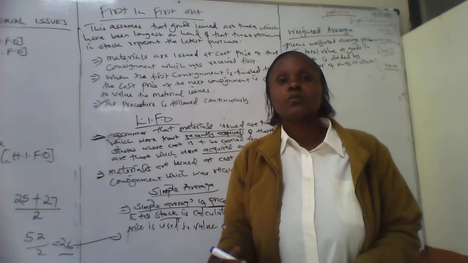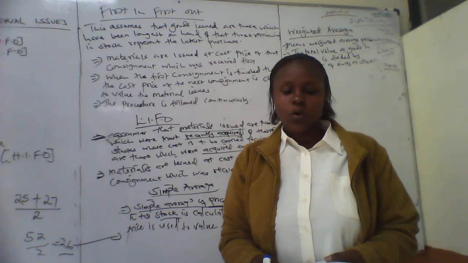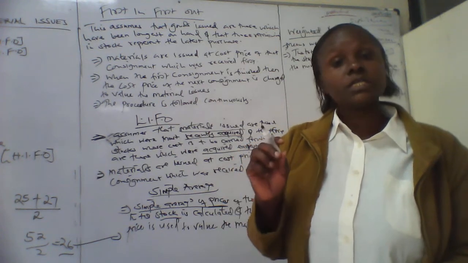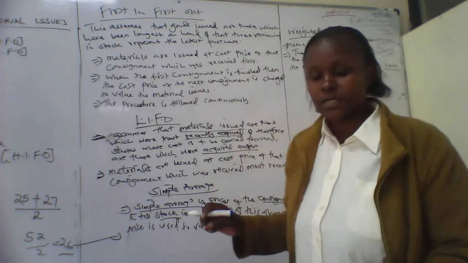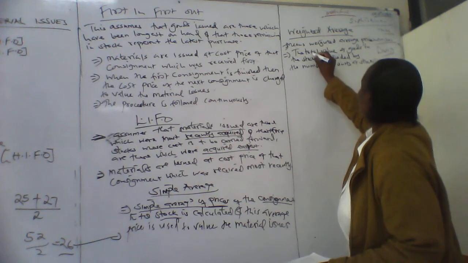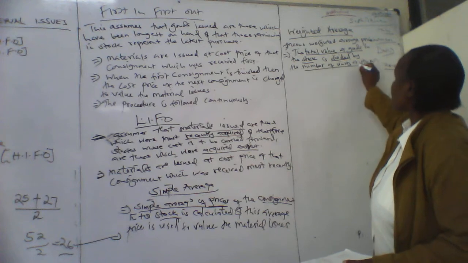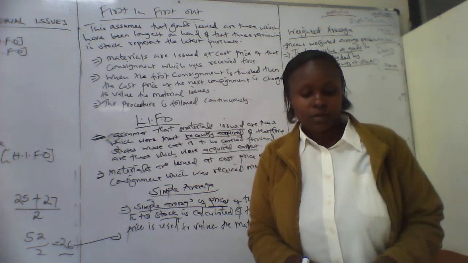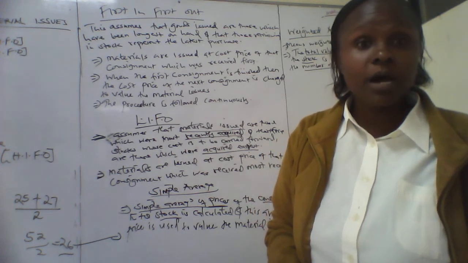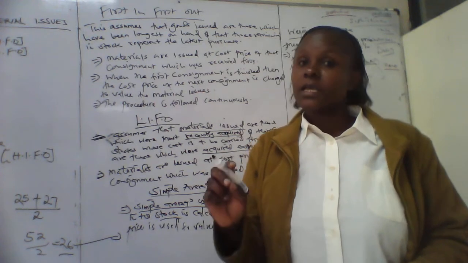Under this method, the total value of goods in the stock is divided by the number of units in the stock.